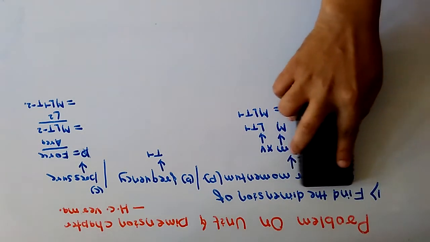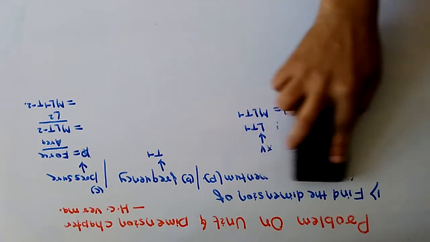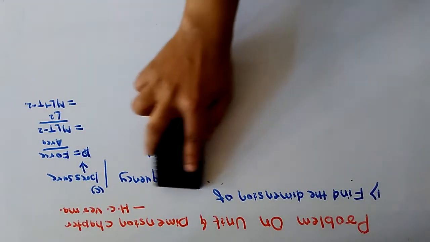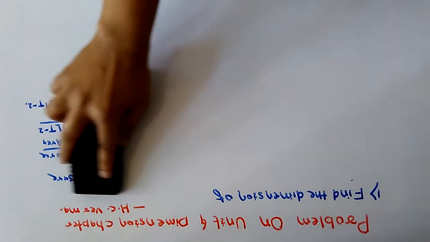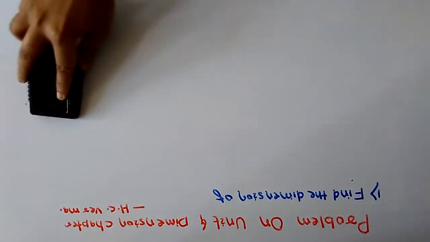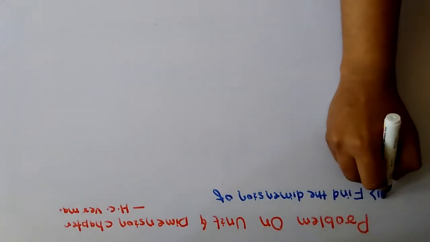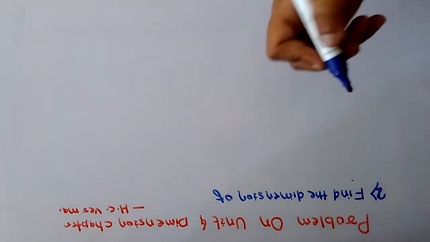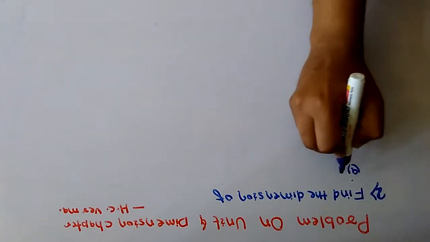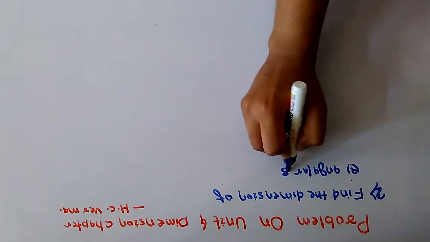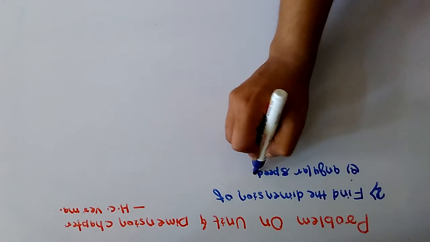The second question is to write the dimension of angular speed, angular acceleration and torque. Question number 2. First, angular speed.